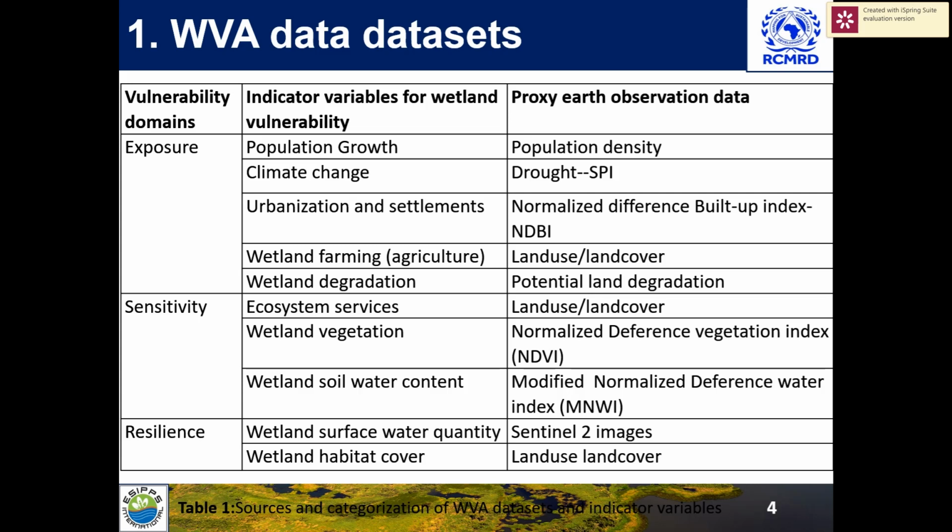Soil water content of wetlands was generated from the modified normalized difference water index. And then under the resilience domain, the wetland surface water quantity was generated from Sentinel imageries. Wetland habitat cover, lastly, was generated from the land use land cover data.